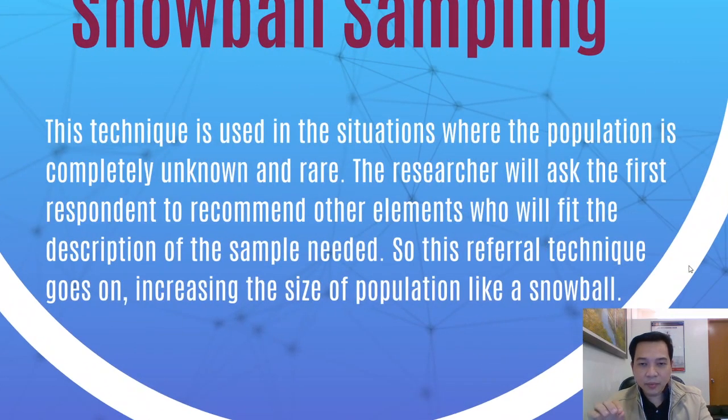Referral sampling is a procedure used in situations where the population is completely unknown, or there's a scarcity of participants and only certain people have access to these persons who qualify for your study. So you'll identify a first participant that is familiar or acquainted or affiliated with the other qualified participants, and ask him or her to recommend these participants to you, and of course seek their consent.